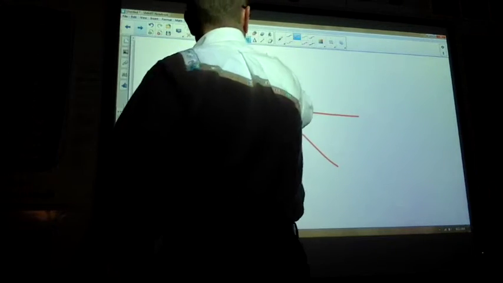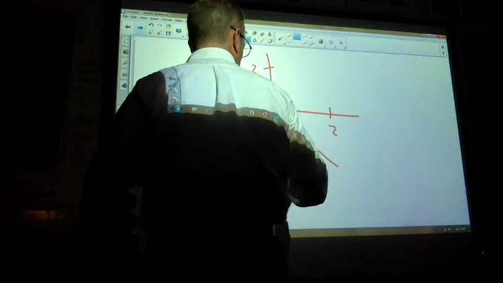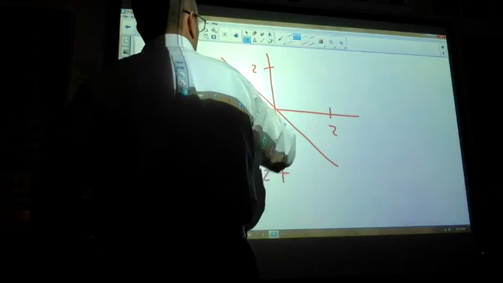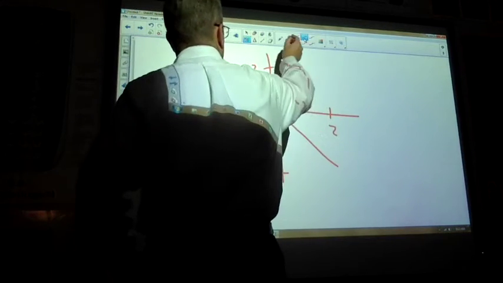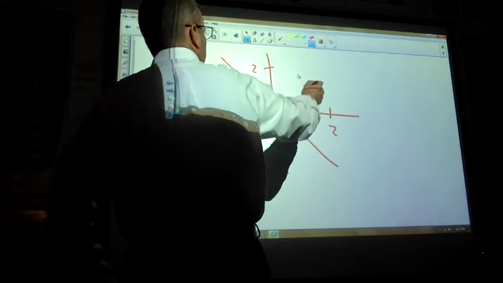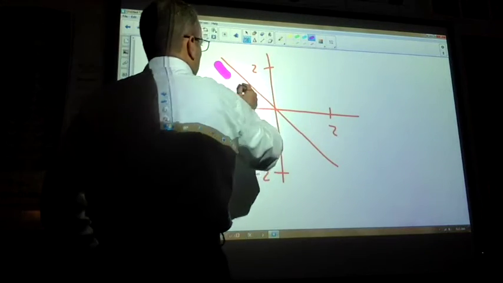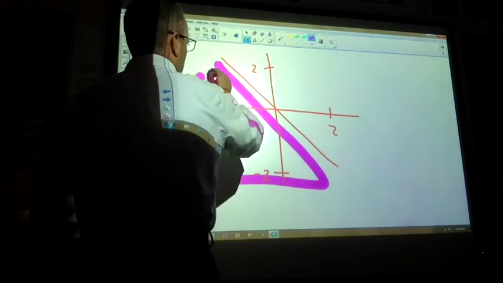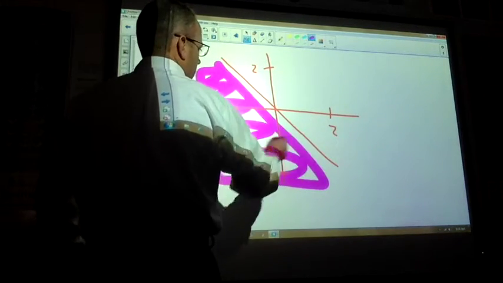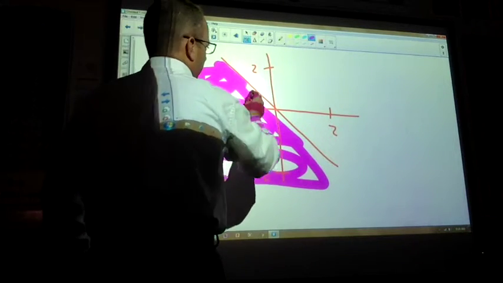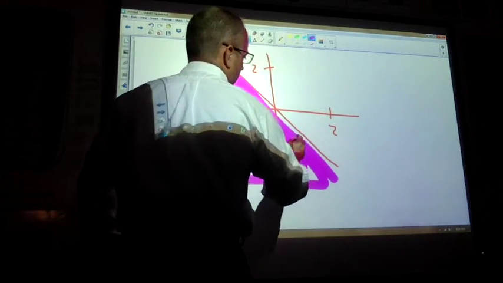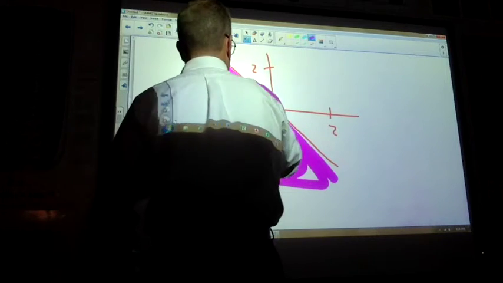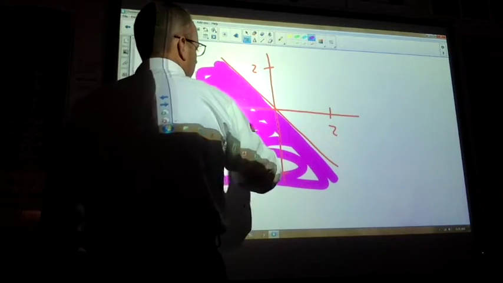Let's pretend it wasn't highlighted, but let's just pretend this is the side that should be highlighted. If you did the other side, I had a 50-50 shot of getting what you got. So your answers will be opposite of mine, right?